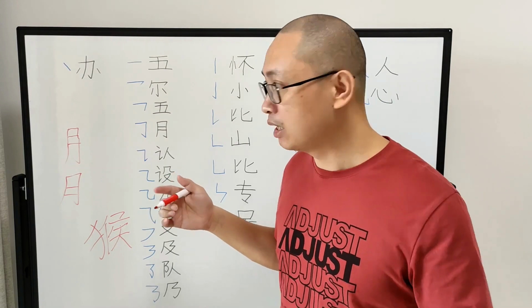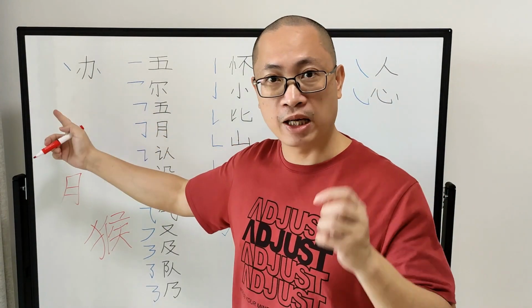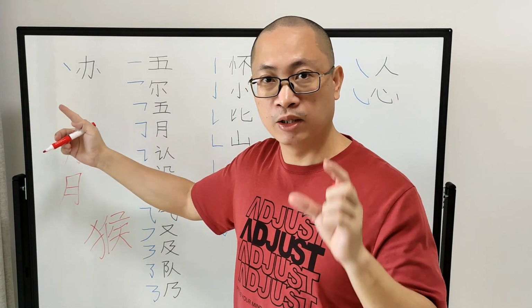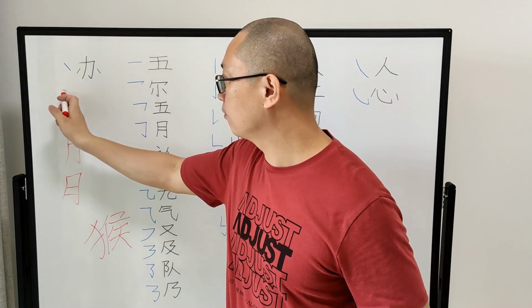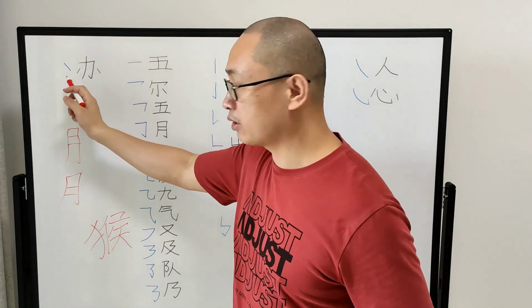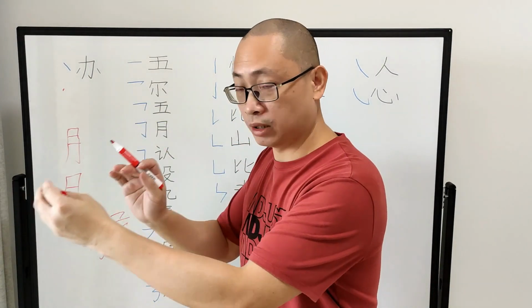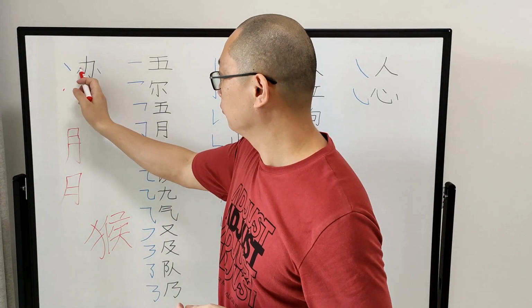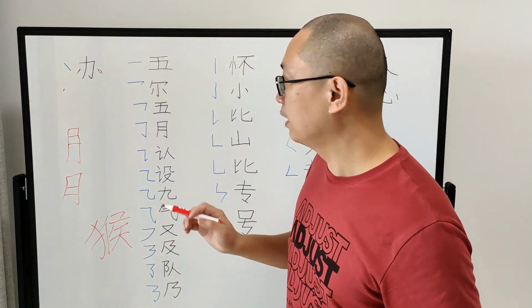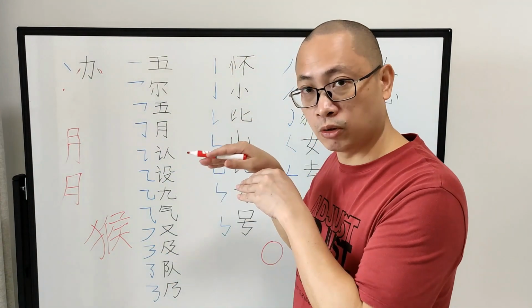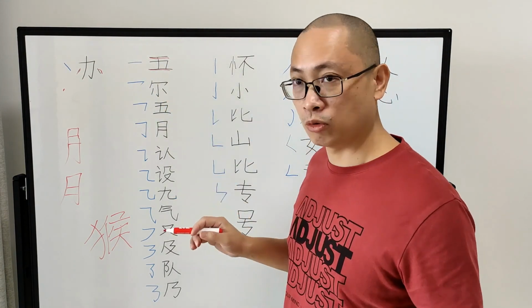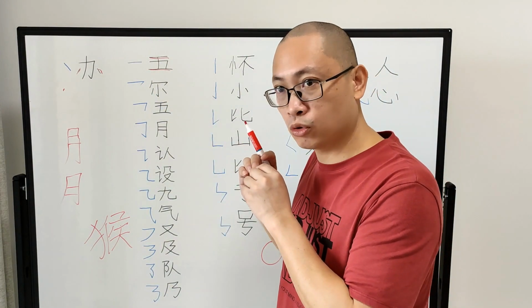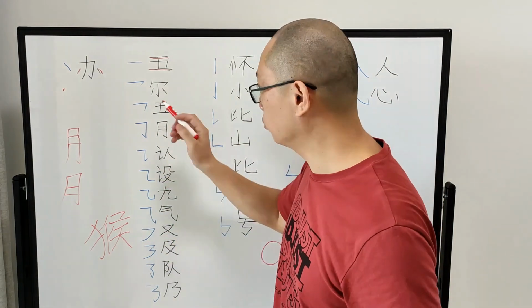I'm ready. The first one, we say dot. Dot, a short stroke instead of a point. Okay, dot is divided into left side dot and right side dot. And next one is horizontal stroke. Next one, horizontal with a hook, sharp end, hook.